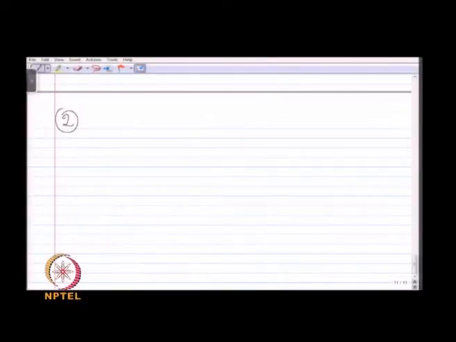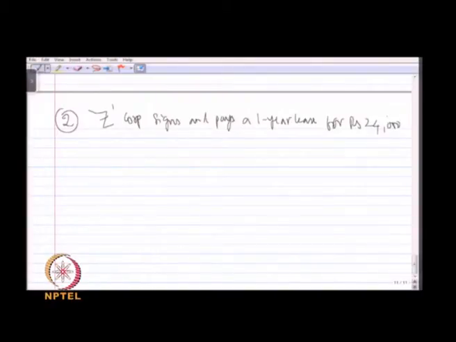Now, let us say the second entry was this Z Corporation signs and pays a 1-year lease for rupees 24,000. It pays. So, it means cash has gone out for what? It is a 1-year lease.